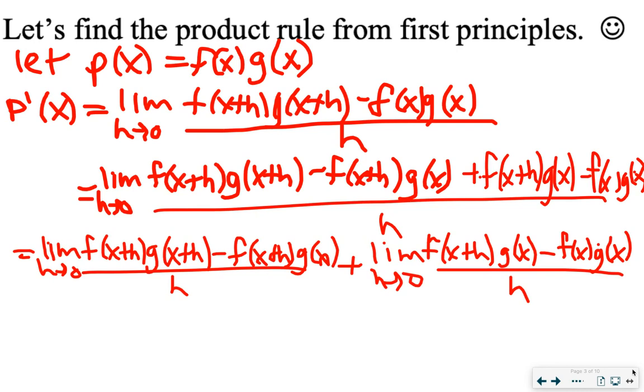Awesome. So now in each of those limits, you can notice there's a common factor. So let's factor that out.